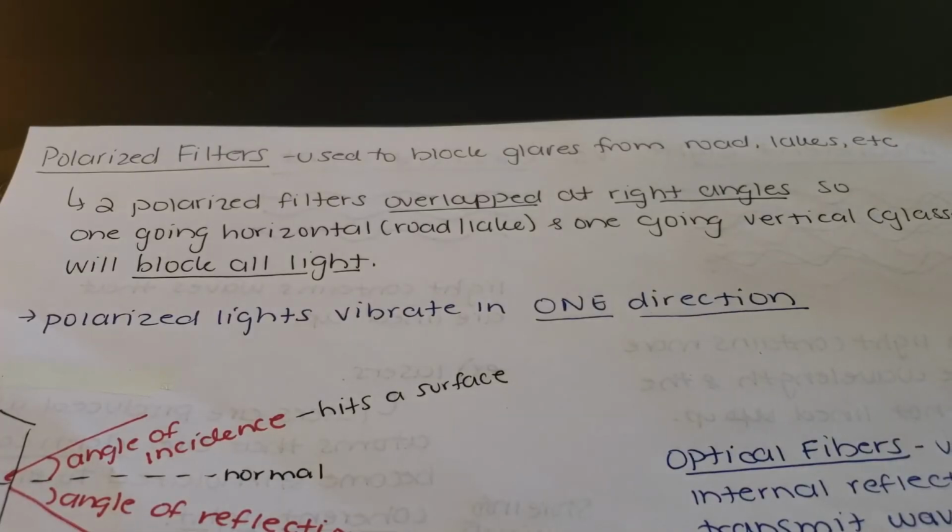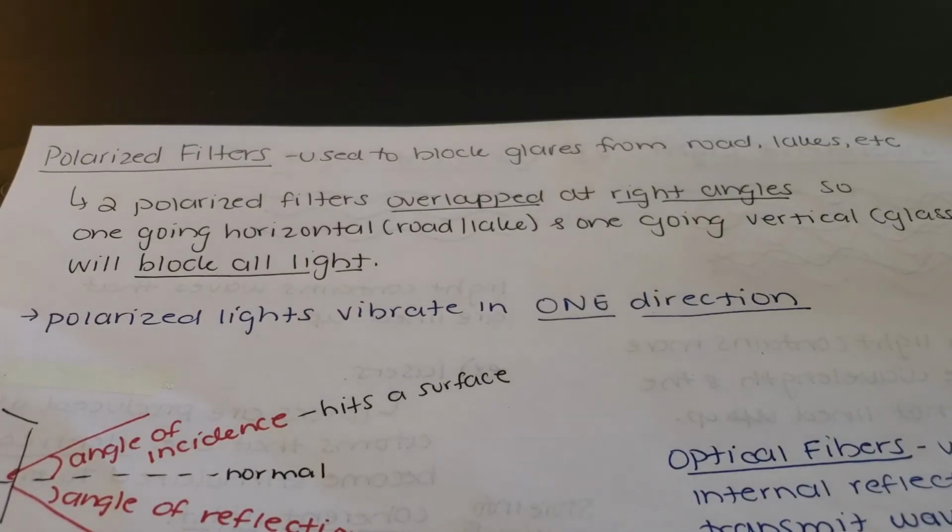Polarized filters are the last thing that we ended off on talking about, and polarized filters are a huge blessing because you can use them to block glares from when you are driving or when you're looking at the lake that I used as an example from the previous video.